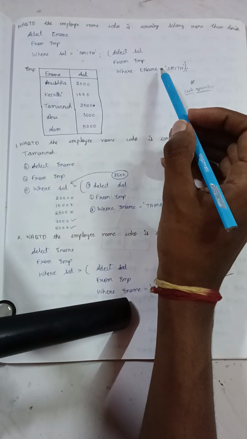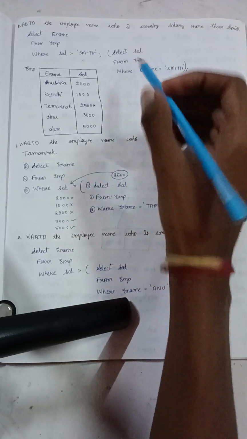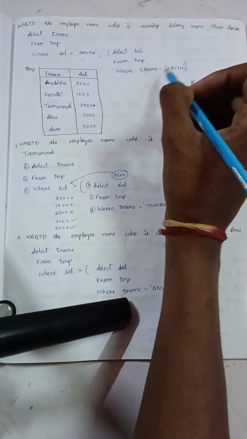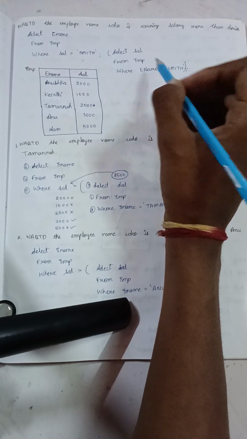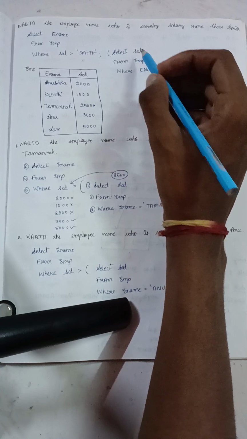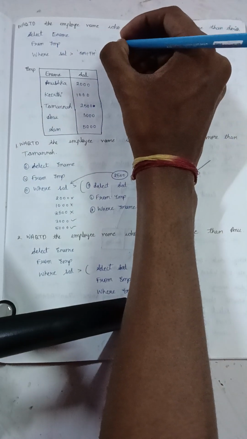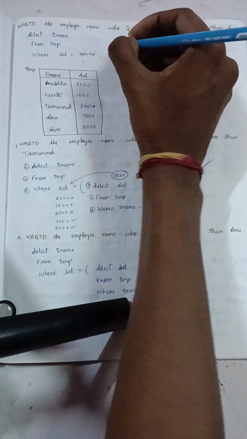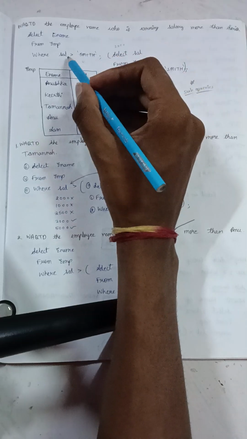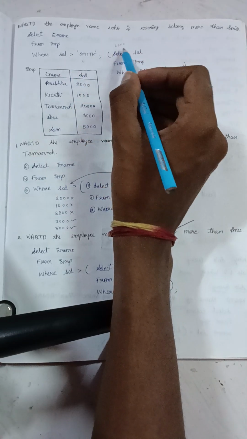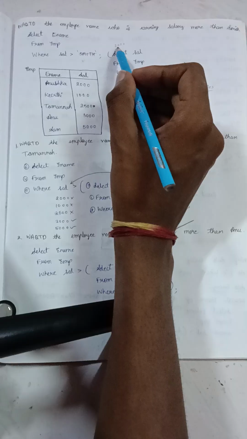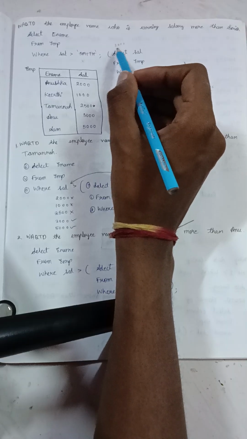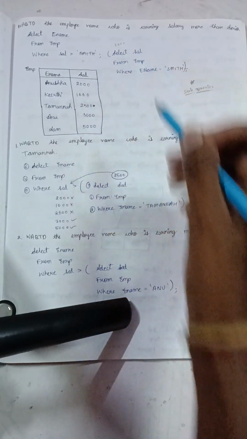Here we are getting the value of the salary of Smith. Suppose the salary is 2500. It is a numerical data type, and the value here is also a numerical data type, so we can compare it.